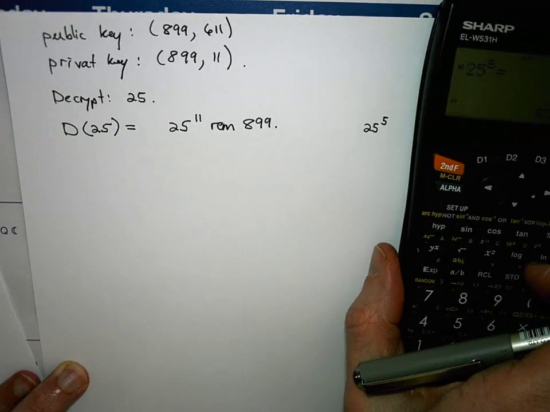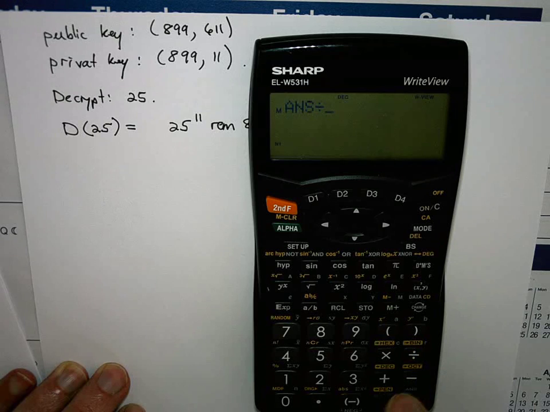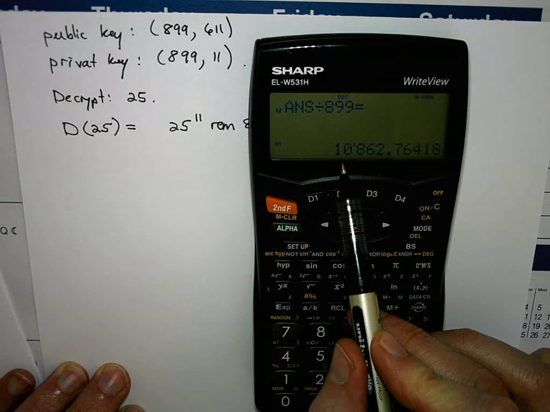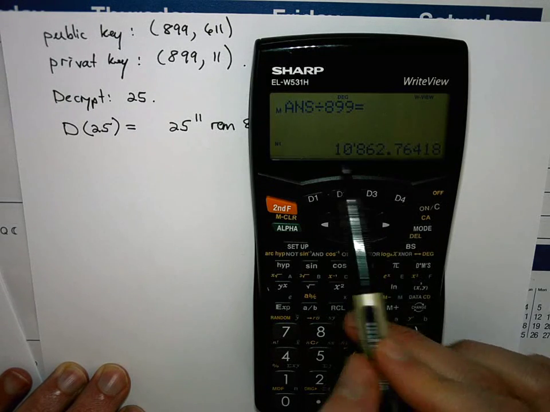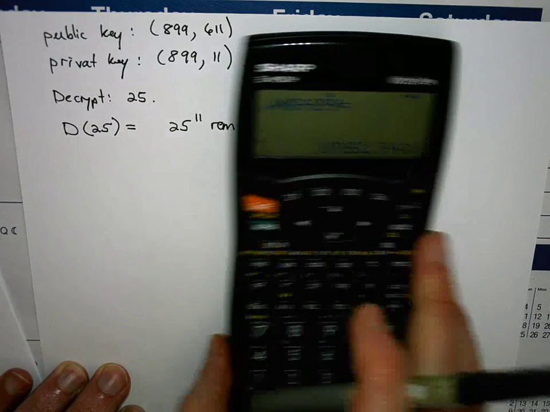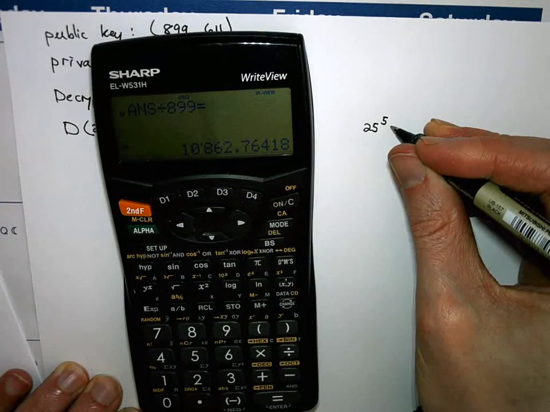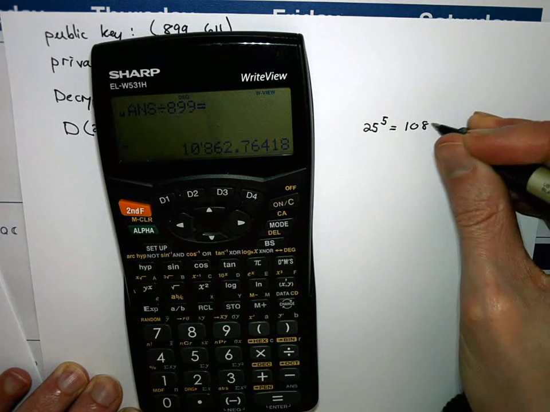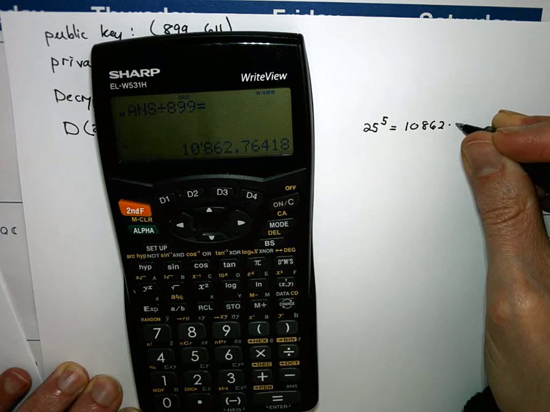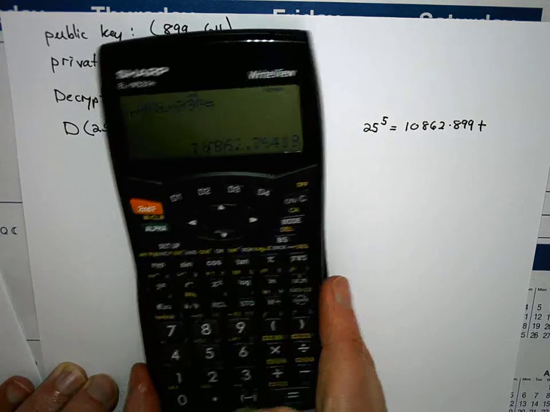So I take 25 to the power 5 divided by 899. 899 goes in 10,862 whole times, so I can rewrite 25 to the 5 as 10,862 times 899 plus the remainder.